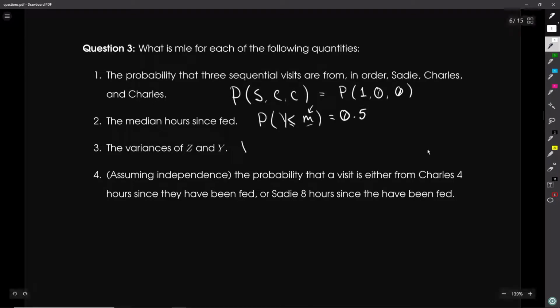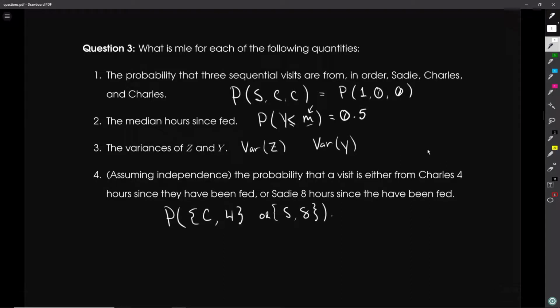Now we want also the variance of z and the variance of y. We want the MLEs of these two factors. And then assuming independence, we want to know what's the probability that a visit is either from Charles 4 hours since they have been fed, or Sadie 8 hours since they have been fed. So this is the probability that we have a visit which is Charles and 4 hours since fed, or Sadie and 8 hours since fed.